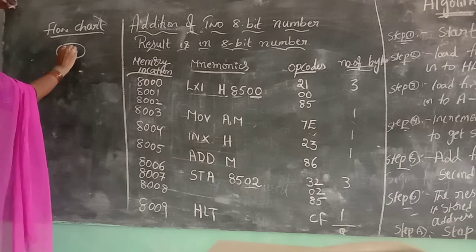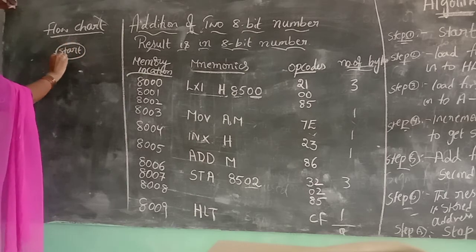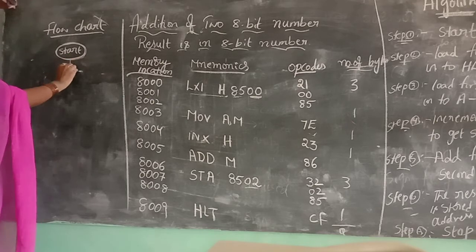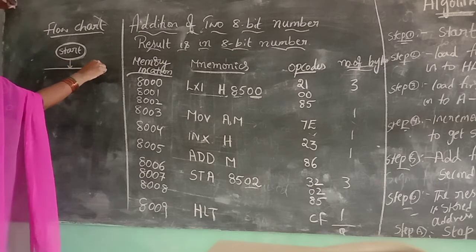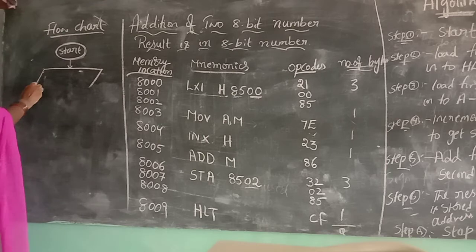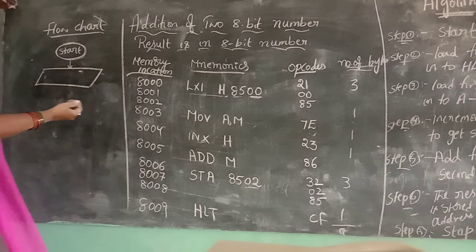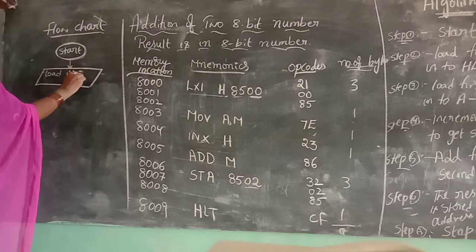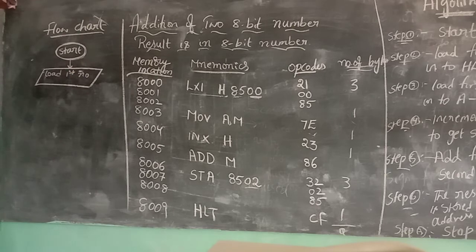For the start, we take the oval symbol. For input or output, we use the parallelogram symbol. So here, load first number.